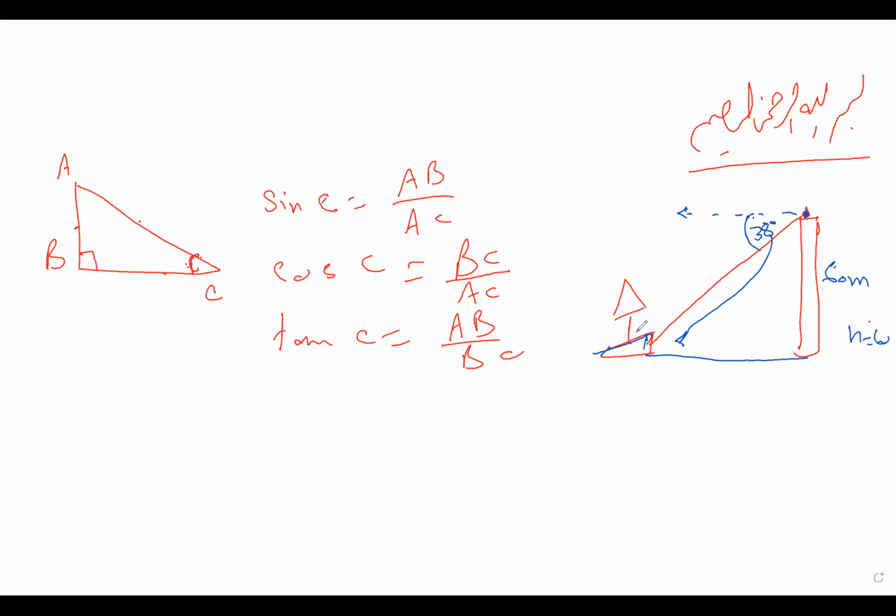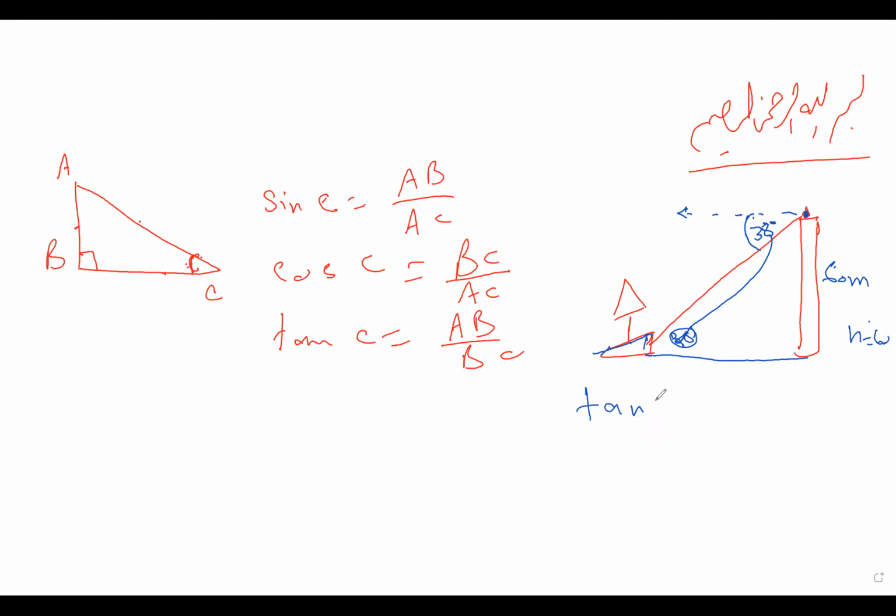How can we find the distance from the boat to the base of the tower? We have this angle 38, so we have the opposite and the angle, and we need the adjacent. Which of these functions can we use to find this length? Tan, because tan is opposite over adjacent.